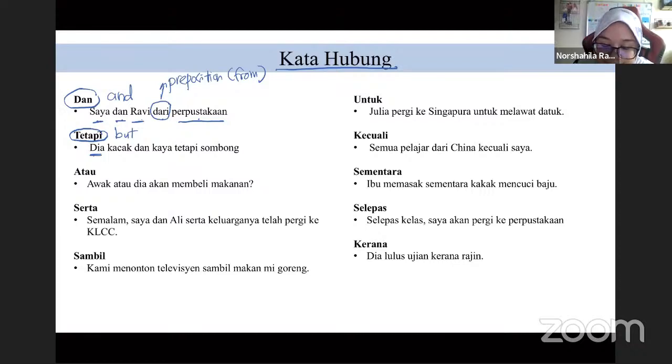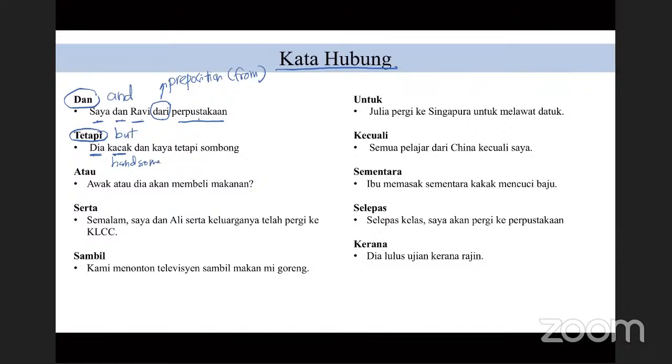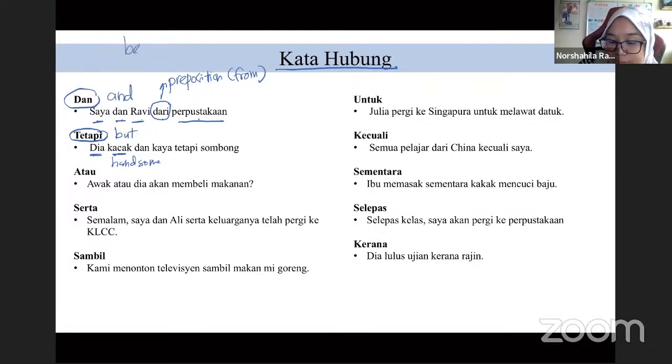Kacak means handsome. So handsome is only for a boy. If you want to say beautiful, it is only for a girl, is cantik. So, dia kacak, it means this is for a male.